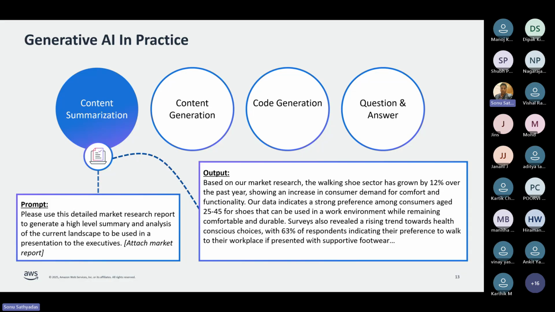So if you are using the Amazon models or OpenAI models or the DeepSeek or Google's Gemini models, most of these generative AI models are now providing the summarization feature, you can provide a very lengthy text and create a simple summary of those texts. Now we are using this feature in the news websites.